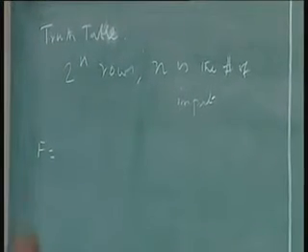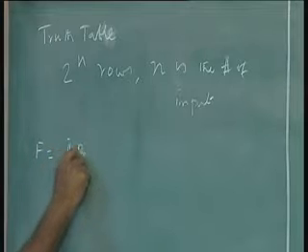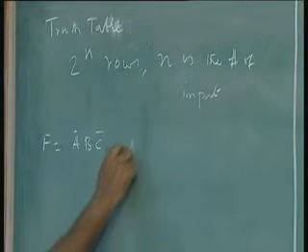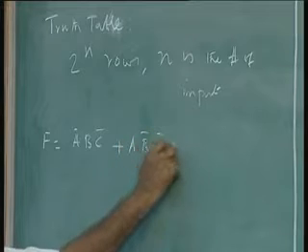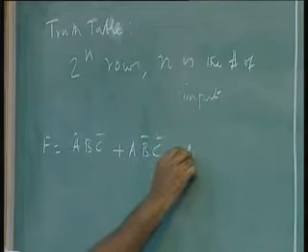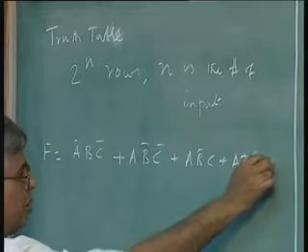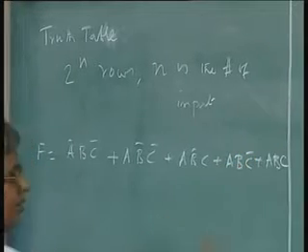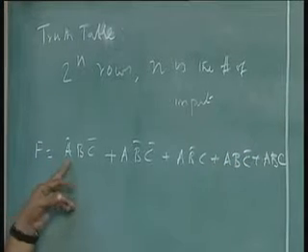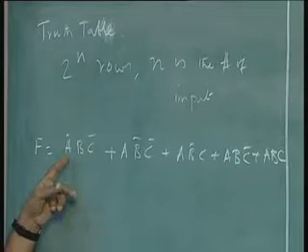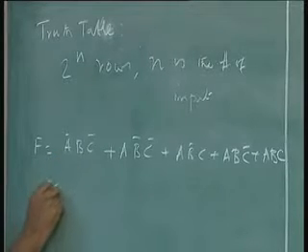In this case, quickly tell me: a bar, b, c bar, or a, b bar, c bar, a, b bar, c, a, b, c bar, a, b, c, right? This is called the sum of products expression, SOP.